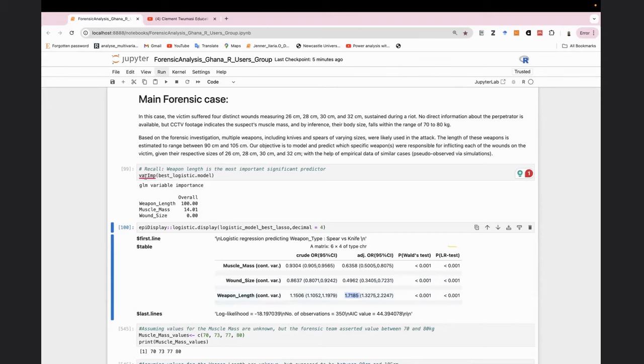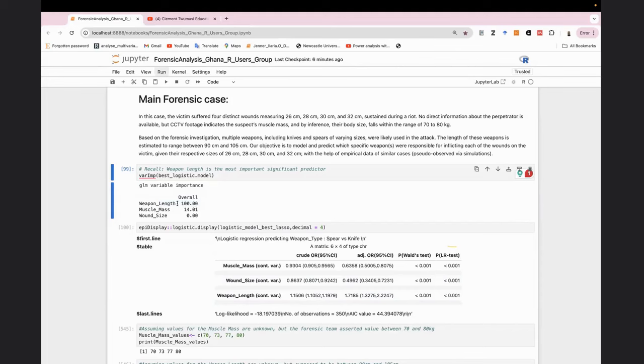And look at this. When you use variable importance, which is a function in R, it tells us that weapon length was the best overall. Forget about the value here. The value here is not what is important, but it did some ranking. This is trying to say that weapon length had the highest ranking among the three predictors.